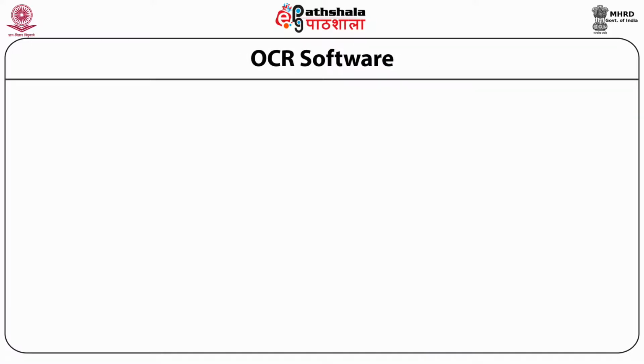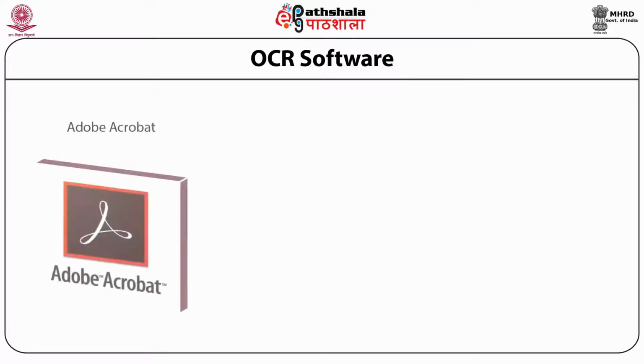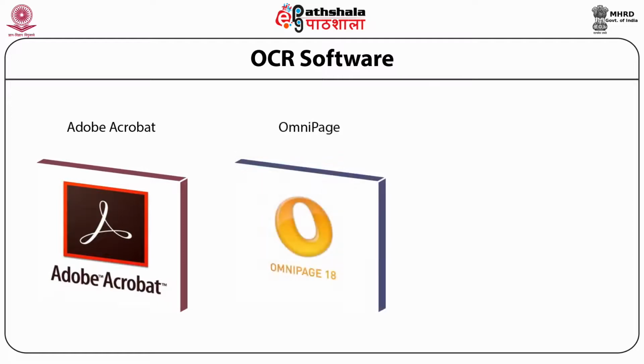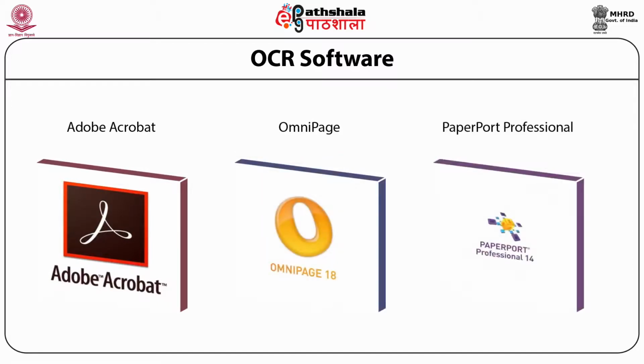Second software is OCR software. OCR means optical character recognition. It is computer software designed to recognize the text in the image or scanned document. There are various types of OCR software available now. Some of the OCR software are Adobe Acrobat, OmniPage, PaperPort Professional 14.